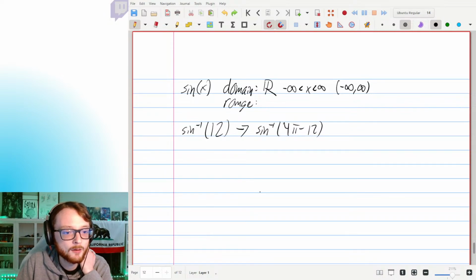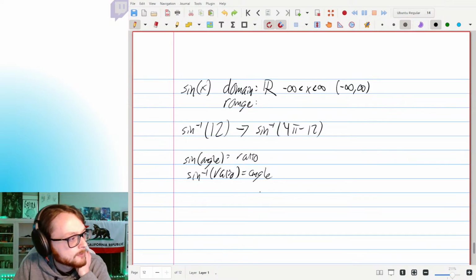I always think of it as sine of angle equals ratio, and so that means inverse sine of a ratio equals an angle. So trying to deal with angles inside the parentheses there just seems odd to me.